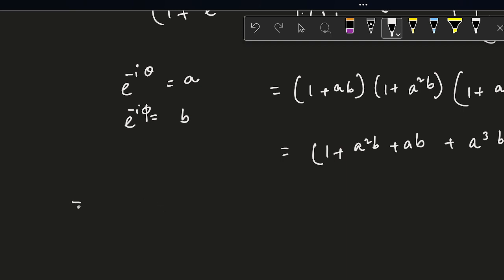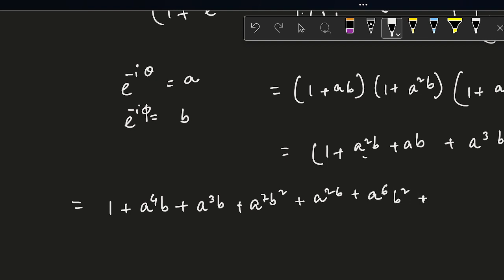So when you multiply, you get 1 plus a to the power of 4 b plus a cubed b plus a to the power of 7 b squared, plus then the second term, a squared b, multiplied with this: a to the power of 6 b squared, plus with this term a to the power of 5 b squared, plus the last term is a to the power of 9 b cubed.